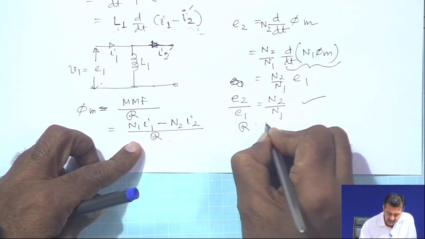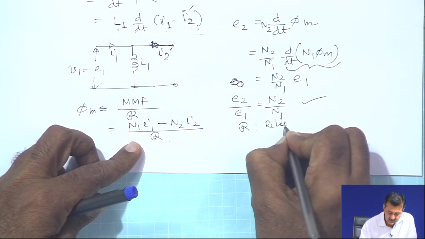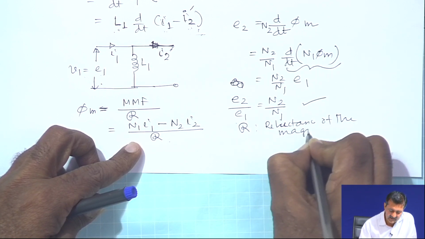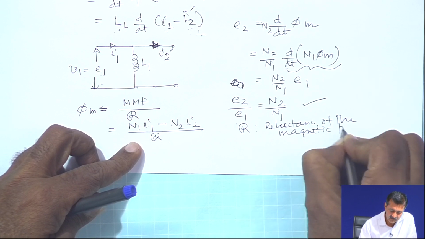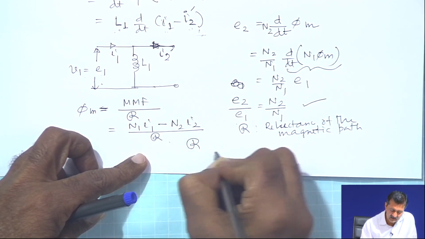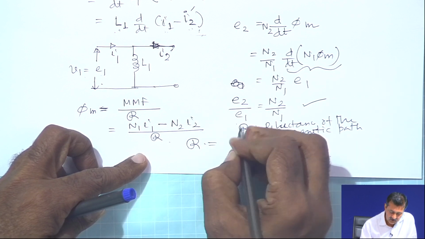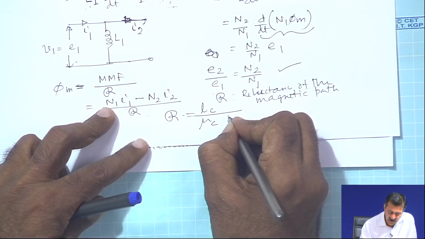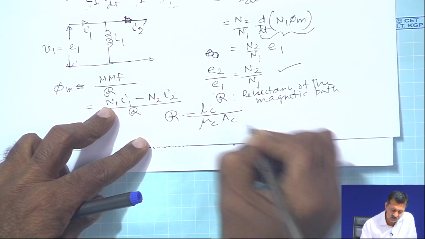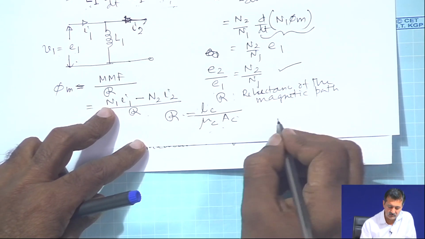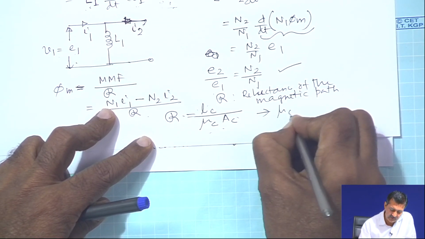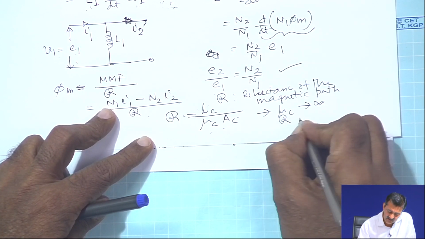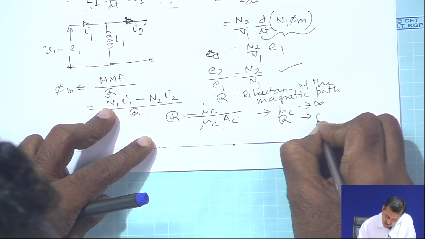Reluctance R is the reluctance of the magnetic path. Now, R, as you know, is equal to l, the core length, divided by mu of the core times the cross sectional area of the core. These are all dimensions of the core. So, you also know that if mu c tends to infinity, reluctance tends to 0.